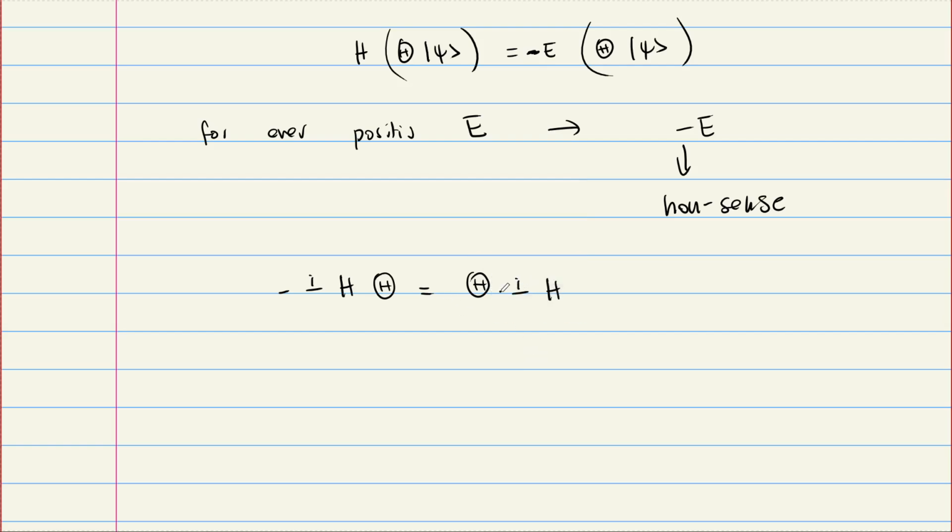So the right thing to do is when this time reversal operates on i, it turns it into minus i. So this is minus i theta h. So this is correct. Now this minus 1 and this minus 1 can be cancelled. From here, what we find is h theta is equal to theta h, or h and theta commute.